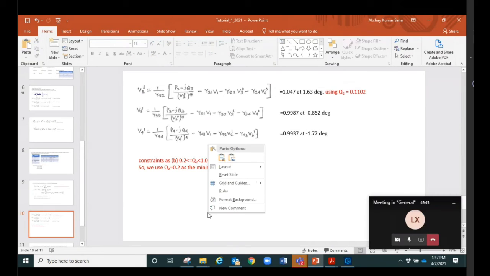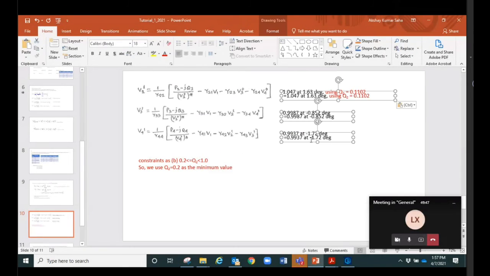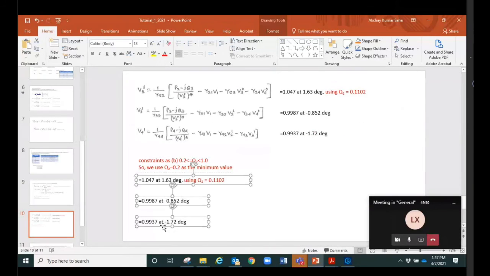If we use Q2 as 0.2, we should get V21 as 1.052 at an angle 1.55, and then V31 will be 1.002.